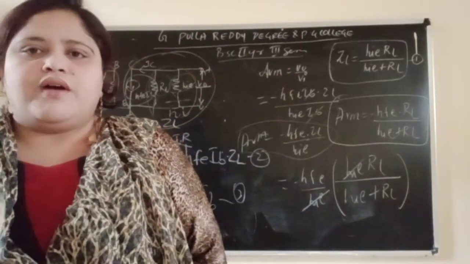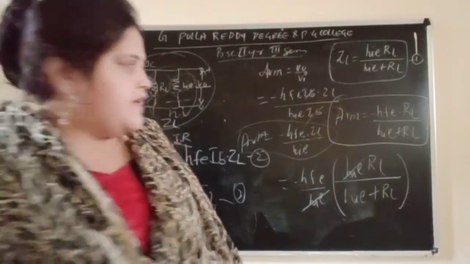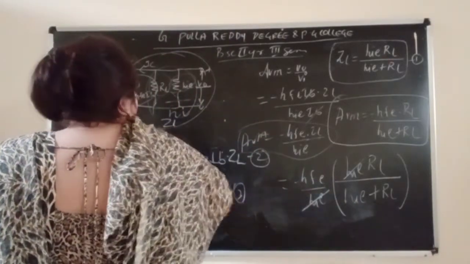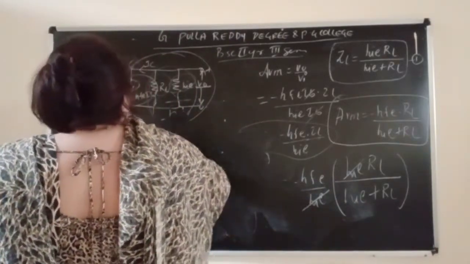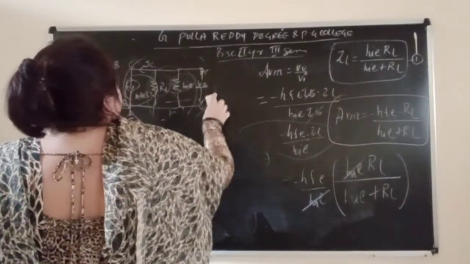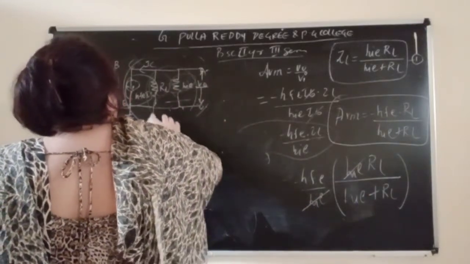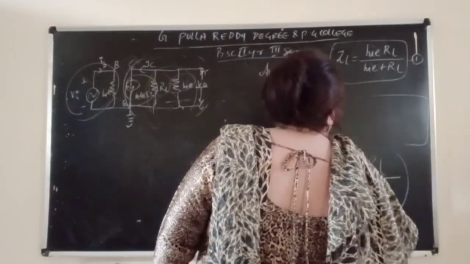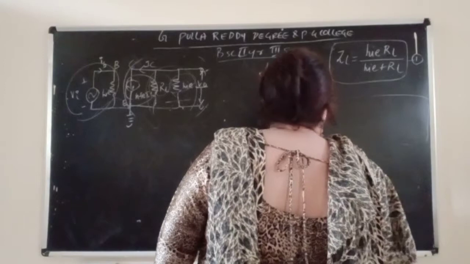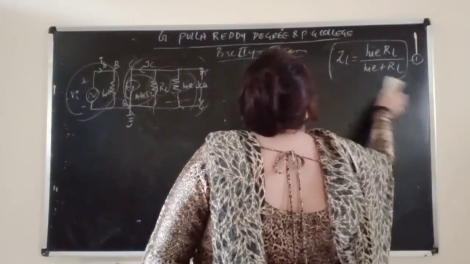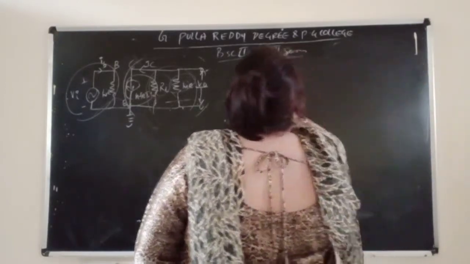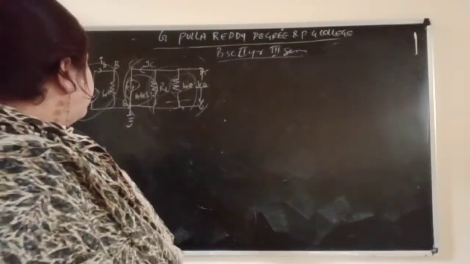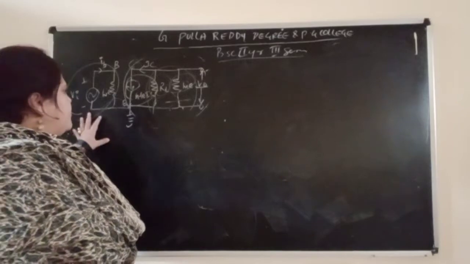So what do you have to do now? Once again I will tell you the derivation. Listen carefully. See here, once again I am telling: this is your equivalent circuit, input part and output part.